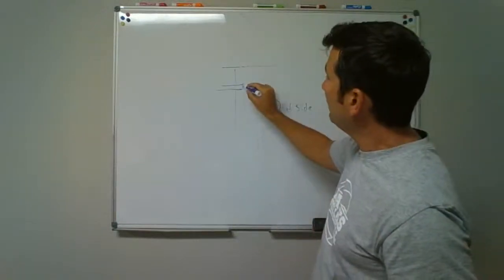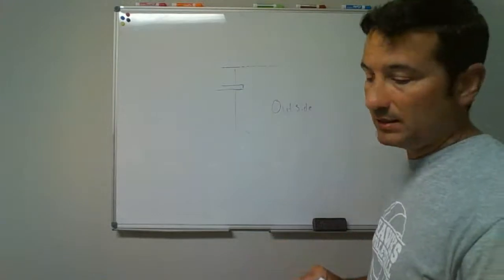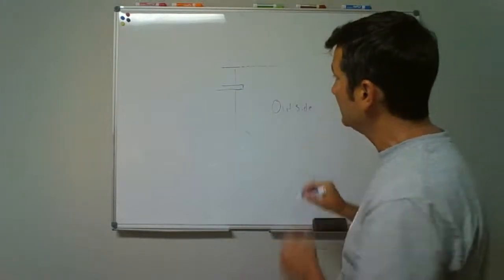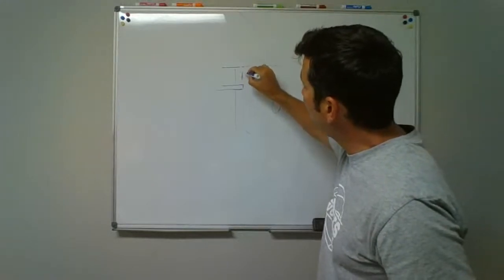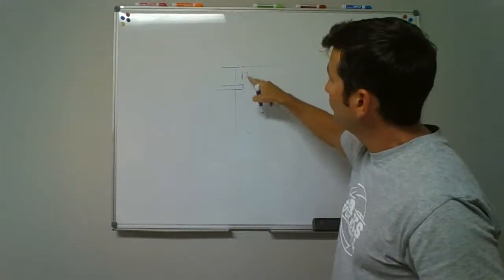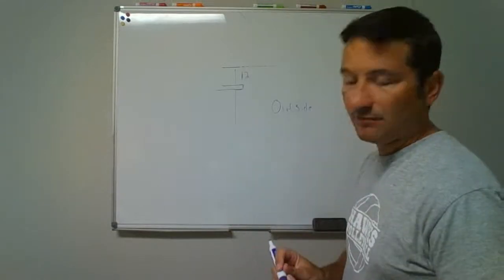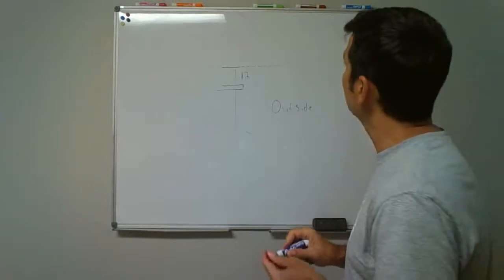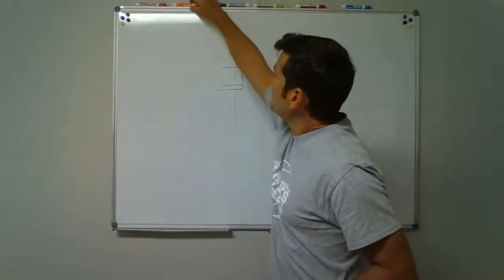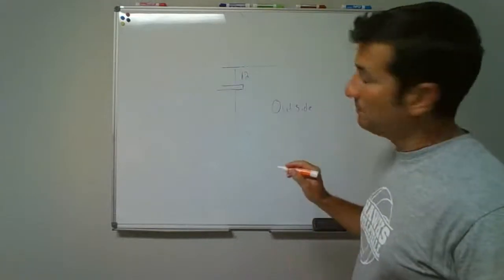If the code said this vent needs to be at least 12 inches below the soffit material, I'm just throwing numbers out there, so if it says at least 12 inches below, and that's what the code said, a minimum.